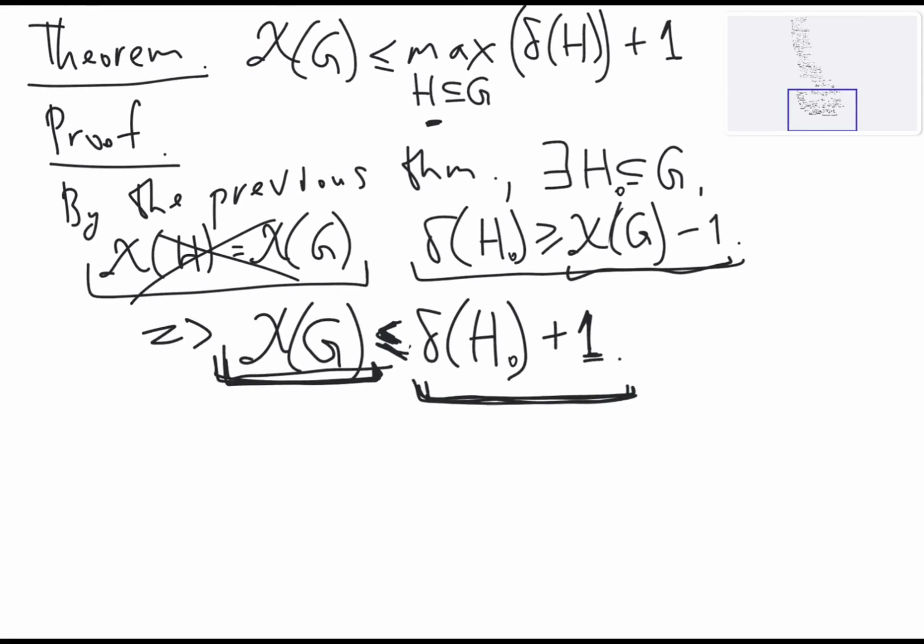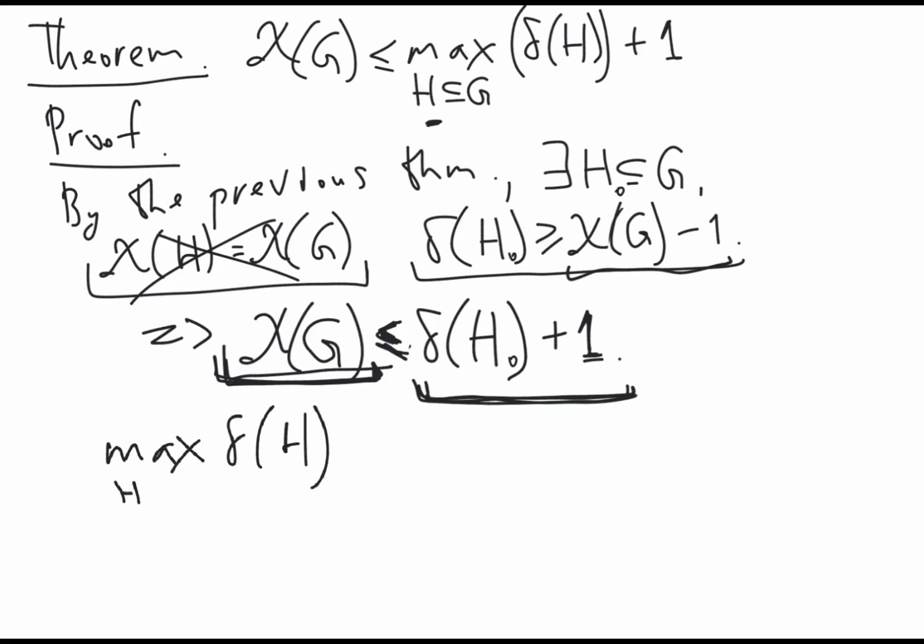So then we can write that the maximum of delta of H among all subgraphs of G is greater or equal than this value for a specific subgraph, right?